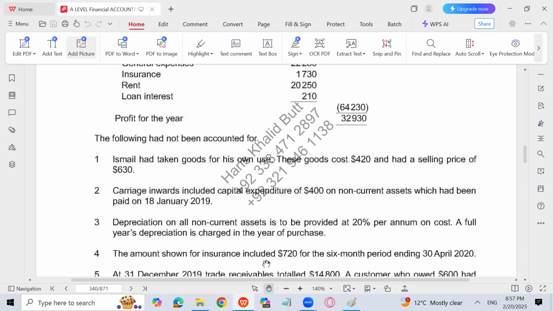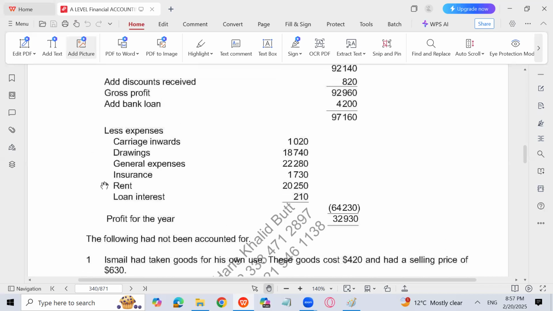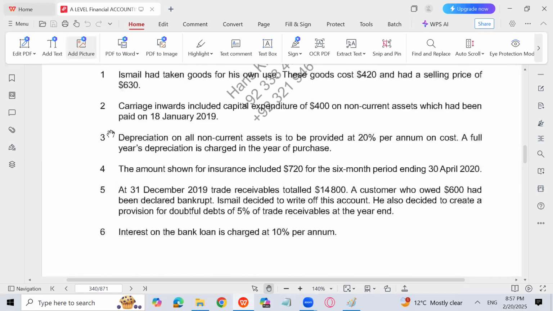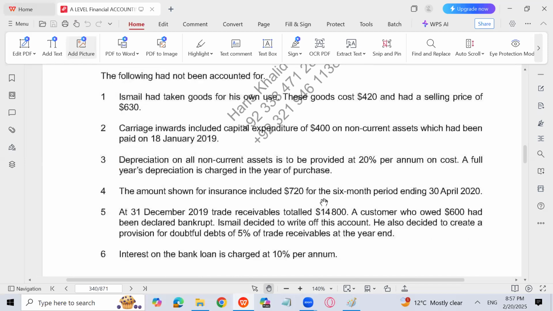The amount shown for insurance included 720 for the 6 months period ending 30th April. Our financial year is going to end on 31st December 2019, and this insurance of 720 for 6 months is ending 30th April. So it means that 720 of insurance has been paid for November, December, January, February, March, April.